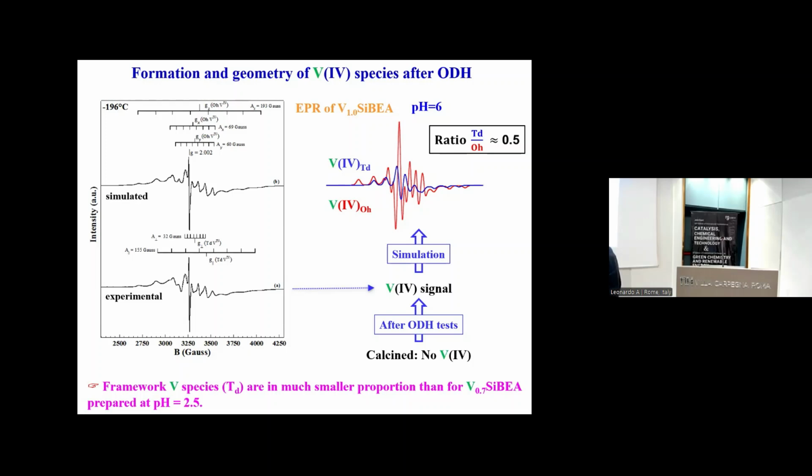The signal is characteristic for tetrahedral or octahedral species. In this case, the ratio of tetrahedral to octahedral species is about 0.5. This means that there are small amounts of tetrahedral species in the zeolite prepared at pH 6. It means that vanadium is incorporated in the extra-framework position. It's not good for a reaction.